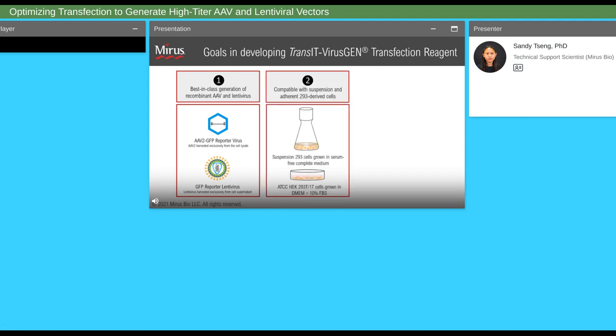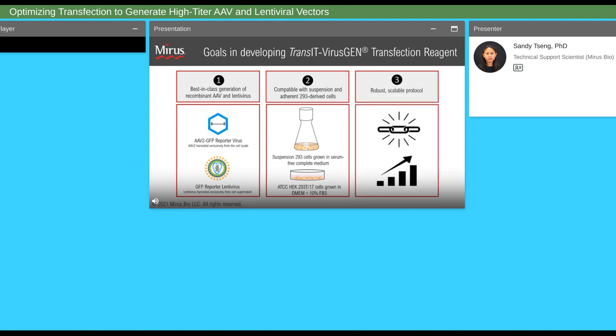Secondly, we also wanted to ensure that our reagent would be compatible for both suspension and adherent HEK293 cells in either serum-containing or serum-free conditions. And another important parameter was that the protocol for use of our reagent would be robust and scalable, because we know how important consistency is to any process in addition to getting a really great titer.